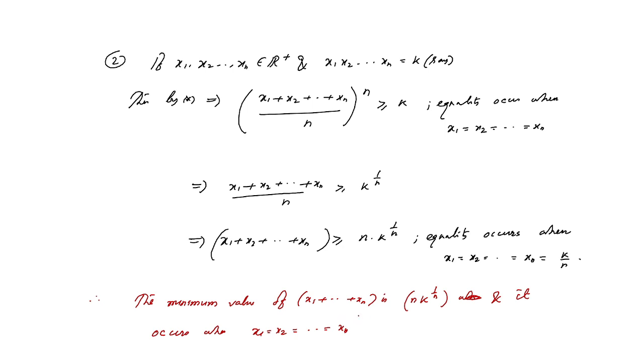So this is basically, all the values are basically k by n. On that case, equality occurs.